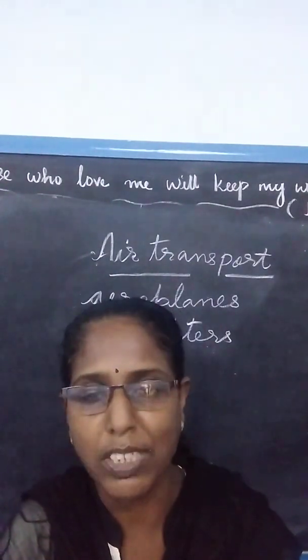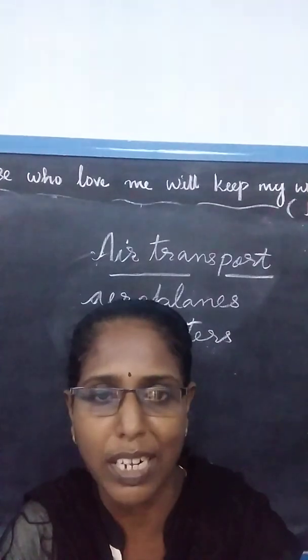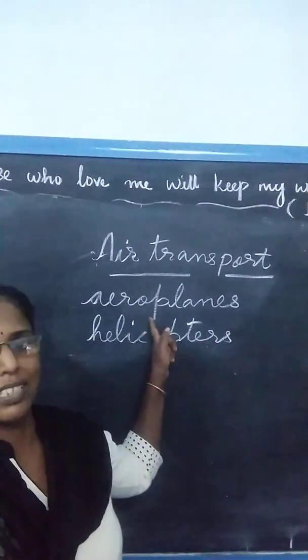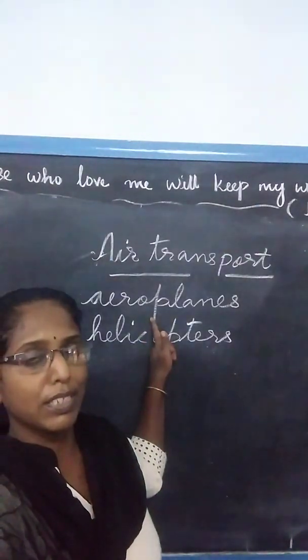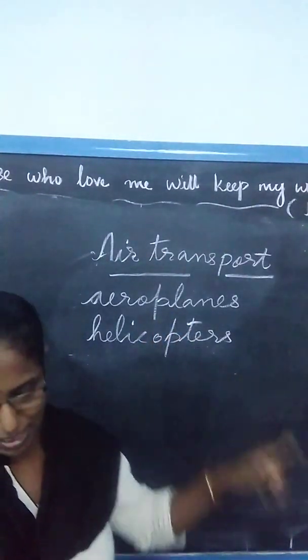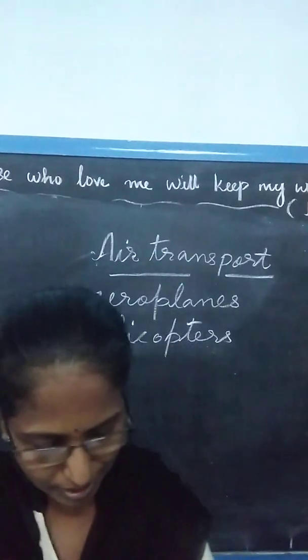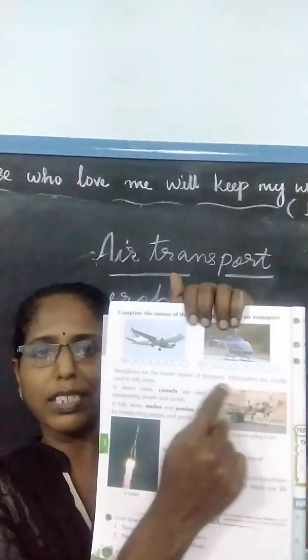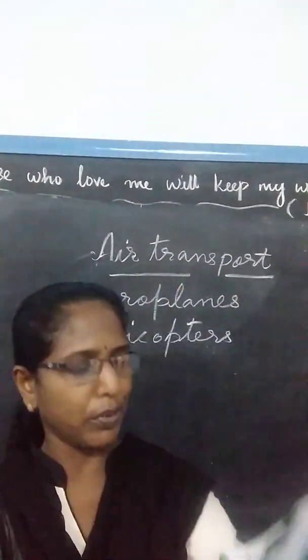So in hilly areas we are using helicopters. Which is the fastest means of transport? Aeroplanes. All of you underline it in your textbook: aeroplanes are the fastest means of transport.